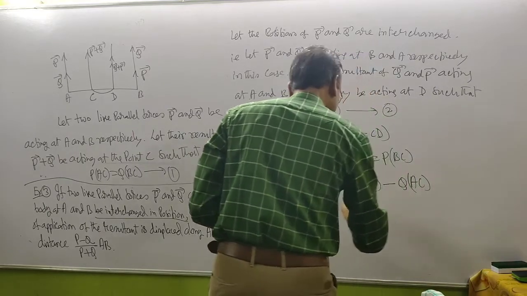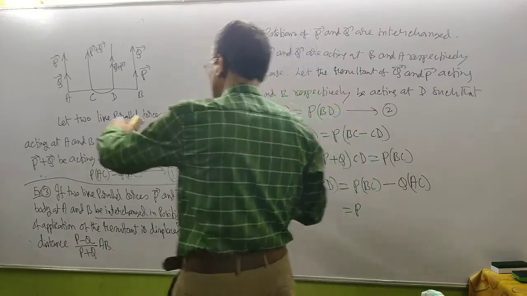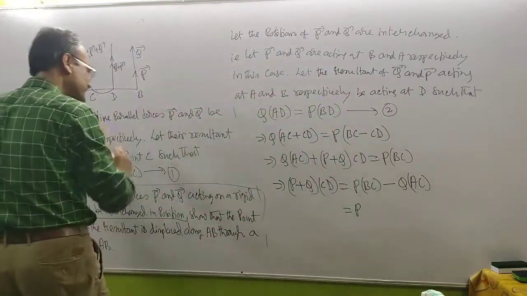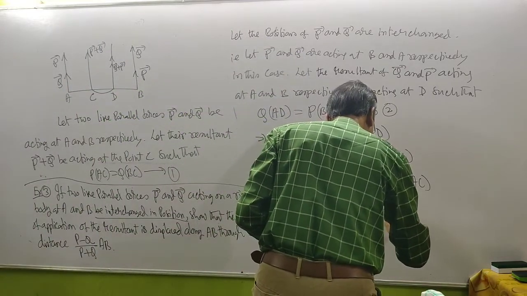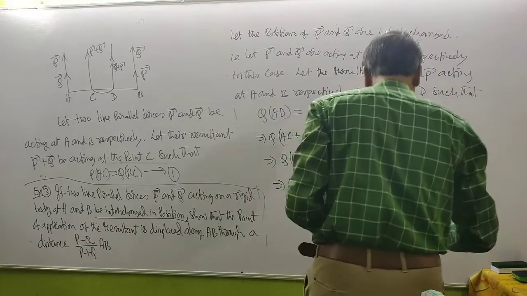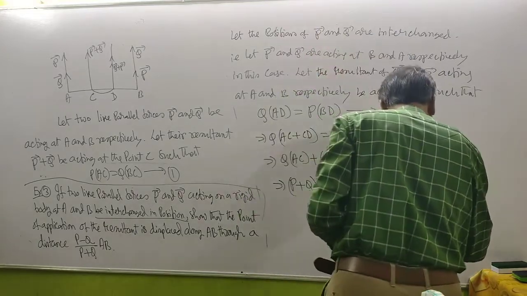You may write like this. This is equal to P into BC, which is AB minus AC, minus Q into AC, and AC can be written as AB minus BC.